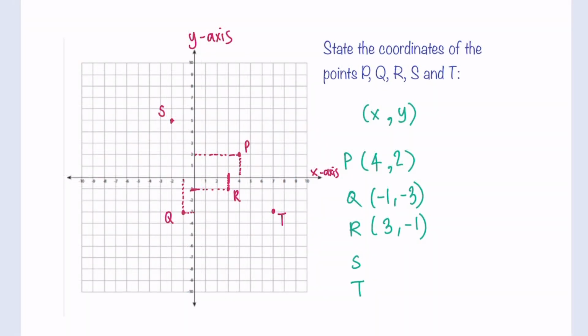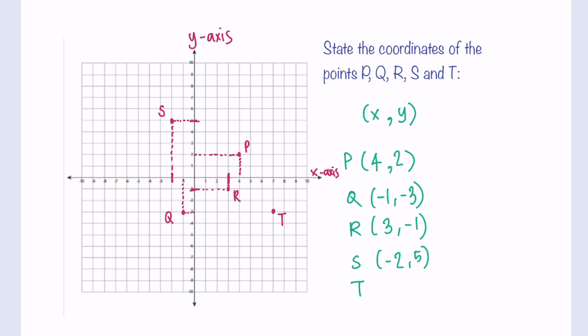For point S, we see it right here. So let's extend both vertically and horizontally to see where it passes through the x and the y axis. On the x-axis, we see that it is -2. So the x-coordinate for point S is -2. On the y, we see it passing through the 5, and so the y-coordinate is 5.